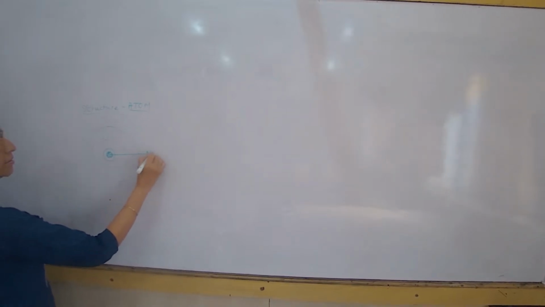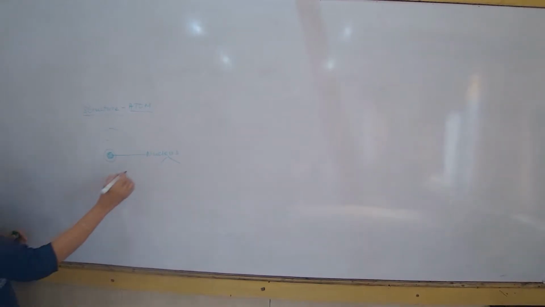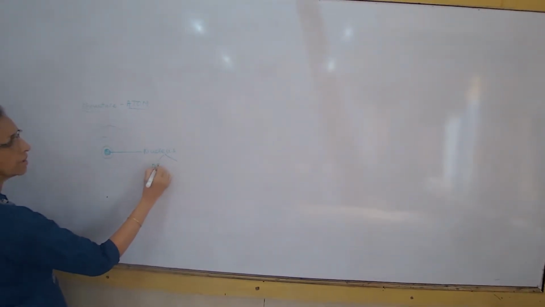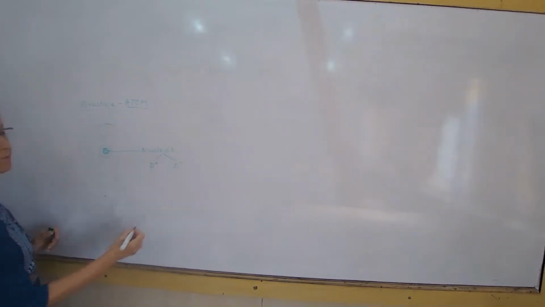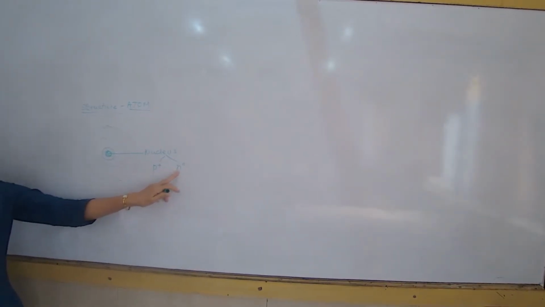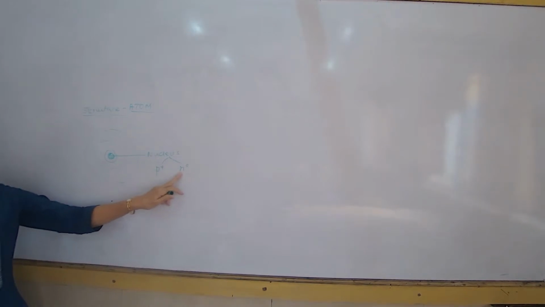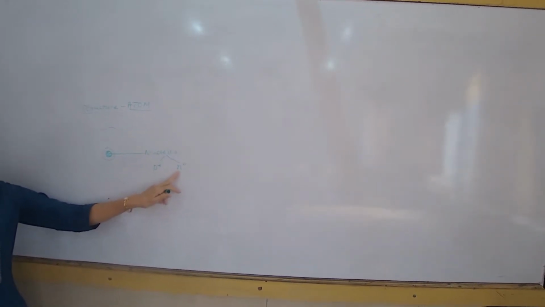This nucleus is made up of two particles. What are the two particles? There are protons and neutrons. Protons are positive. Neutrons are not negative, they are neutral. That means they do not have any charge. So that is why we put a zero.